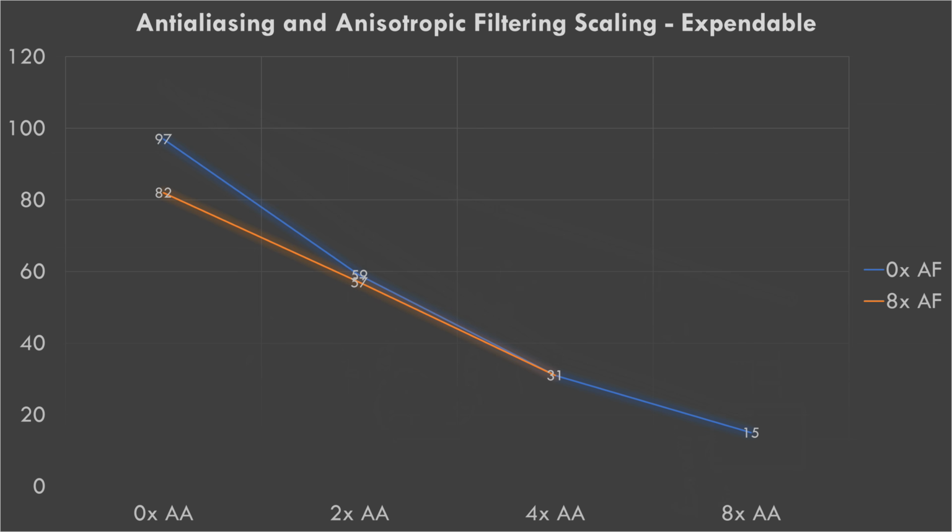But once again, we can see that with anisotropic filtering the performance impact is fairly minimal, so you can just leave that enabled and get better visuals. But anti-aliasing, you will have to do a little bit of benchmarking depending on what game you're running and if you can run that game with decent performance with anti-aliasing enabled.